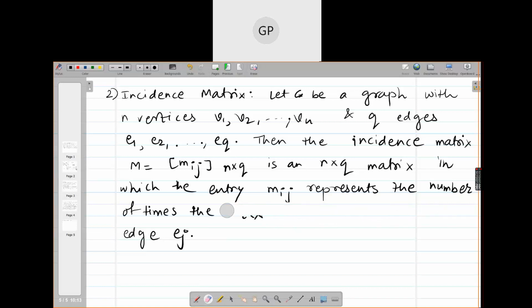I will put it differently, because there should not be any confusion. Number of times the edge, not the edge, because the edge will be incident only once, since every edge name will be different if there are two edges. So it should be the number of times the vertex is an end vertex of the edge Ej.